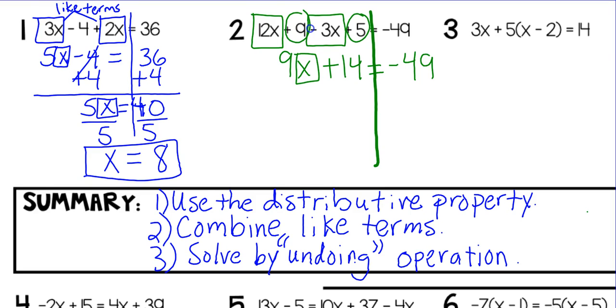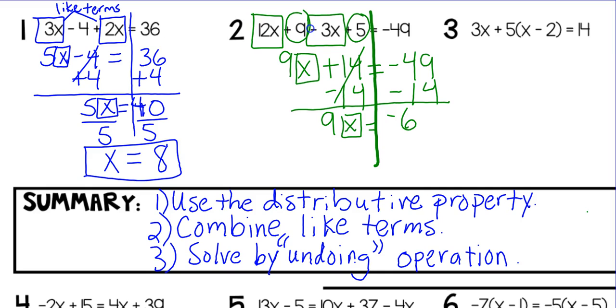And then my next step is to undo the adding 14 by subtracting 14 from both sides. When I do that, the 14s cancel out, the positive and the negative. I bring down my 9x. I still don't have my variable alone. Negative 49 minus 14 is negative what?